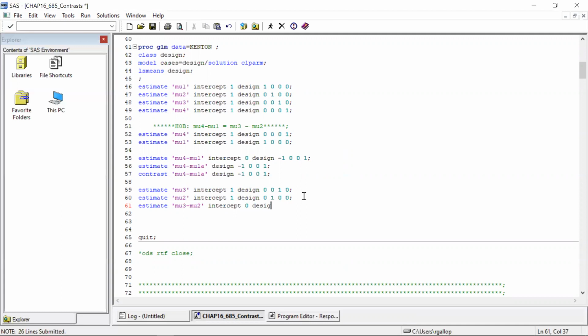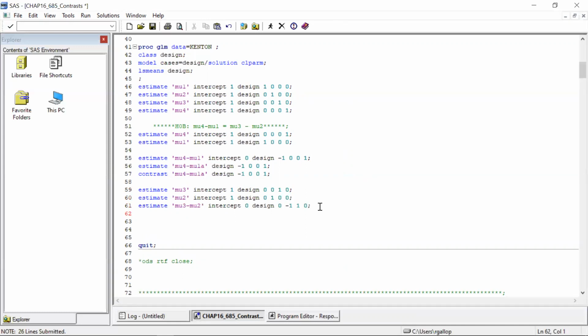Design. Subtract coordinate wise. 0 minus 0, 0. 0 minus 1, negative 1. 1 minus 0, 1, then finally 0 minus 0. That's coordinate-wise 0. Line 61 gives us the on average difference between design 3 and design 2.